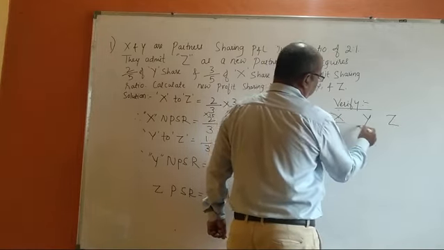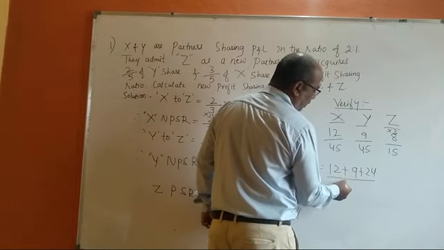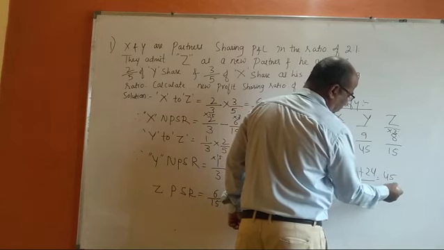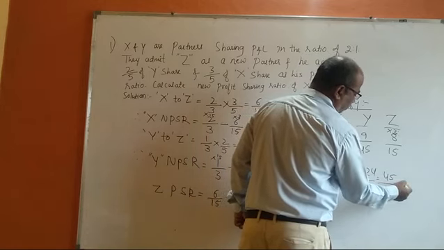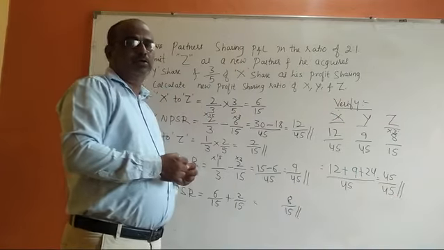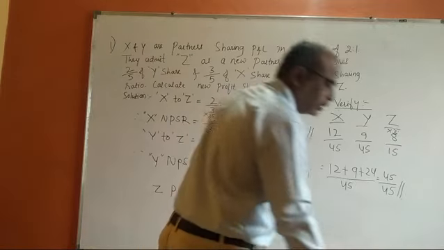To make it 45, multiply by 3, so 12 plus 9 plus 8 threes are 24, which is 24 divided by 45 equal to 45/45. So this is how you will solve problems based on fourth method.